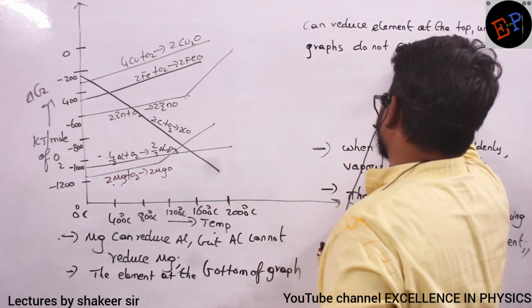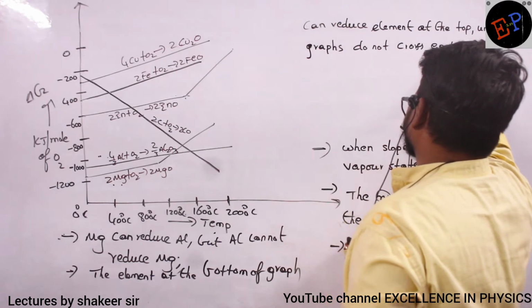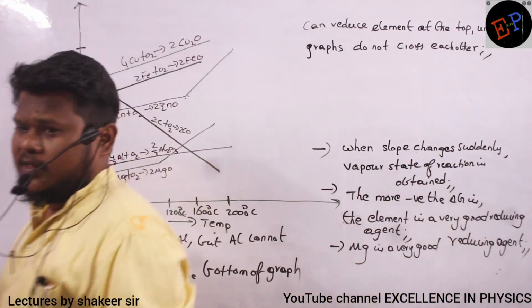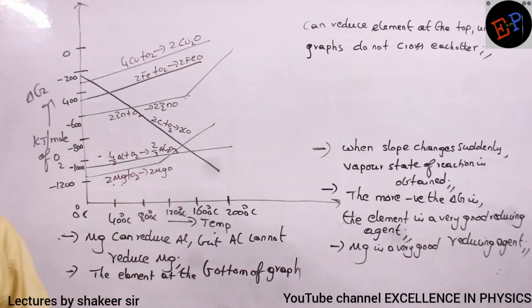Graphs do not cross each other. Are you able to understand? So when graphs cross each other, then the same is not correct always.